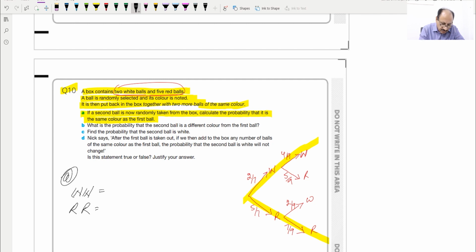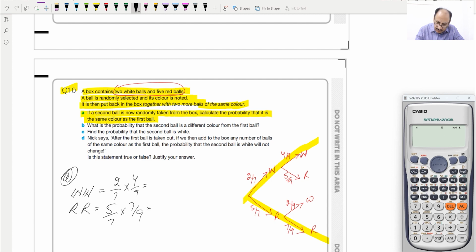So white and white will be 2 by 7 multiply by 4 by 9, and red will be 5 by 7 multiplied by 7 by 9, and we will be adding these 2. First we'll multiply 2 over 7 multiply by 4 over 9, and this is equal to 8 over 63.